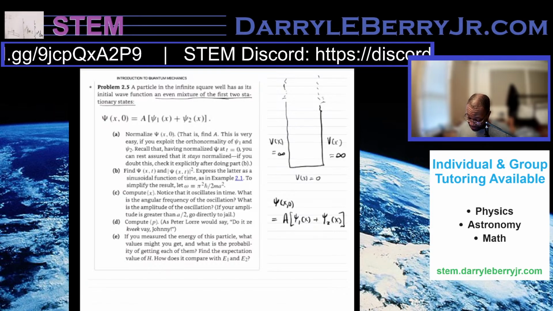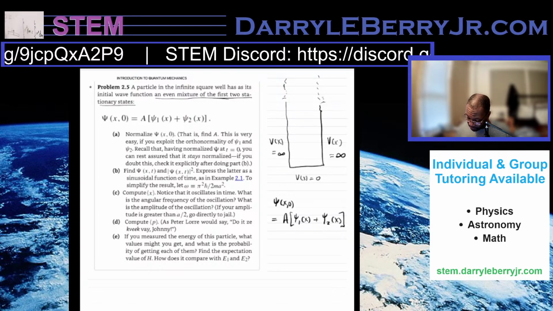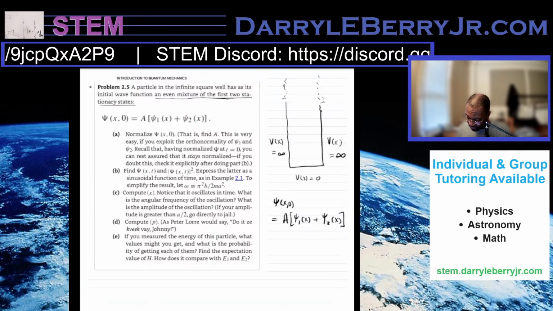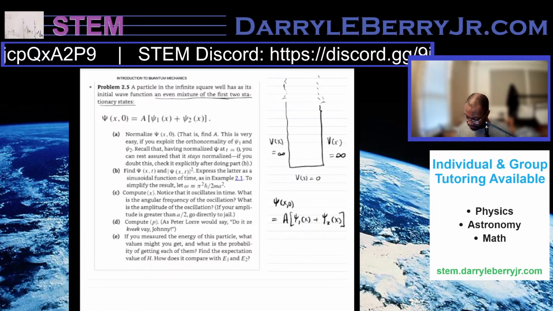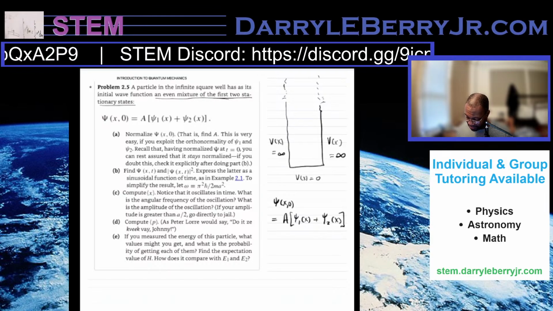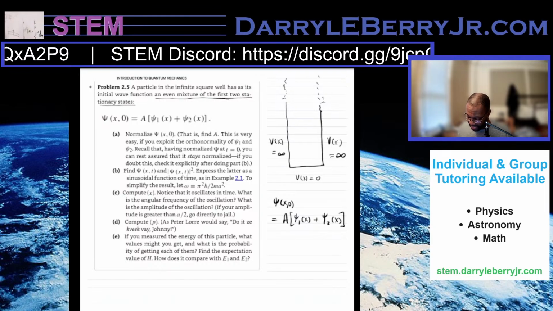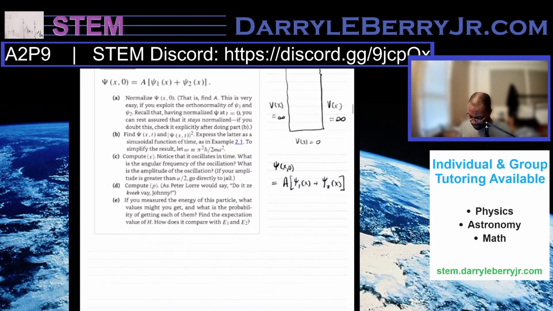So we're going to normalize it. That is, find A. It's very easy if you exploit the orthogonality of psi 1 and psi 2. Recall that having normalized psi of x and t at t equals 0, you can rest assured that it stays normalized. If you doubt this, check especially after doing part B. So they want us to normalize it by finding out what A is.